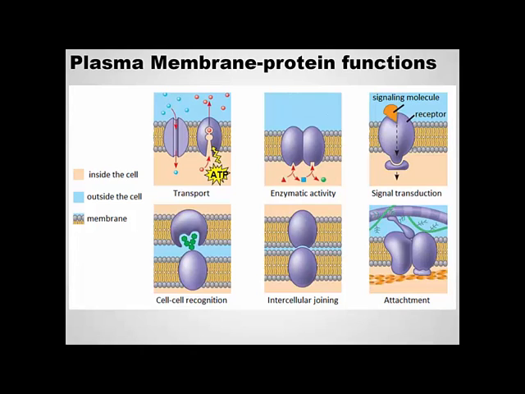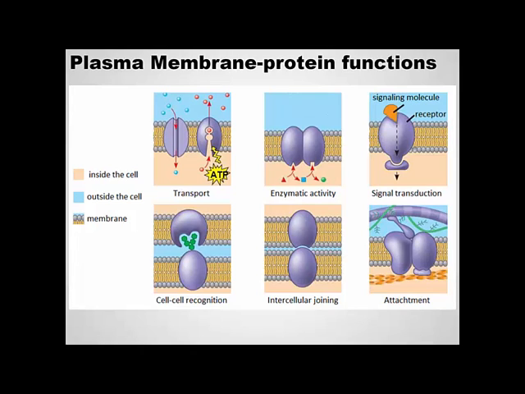Other transport proteins help with active transport, where these red molecules, for example, are moving from an area of low concentration to high concentration, but it takes some energy to do that. They're pumping this molecule out of the cell.